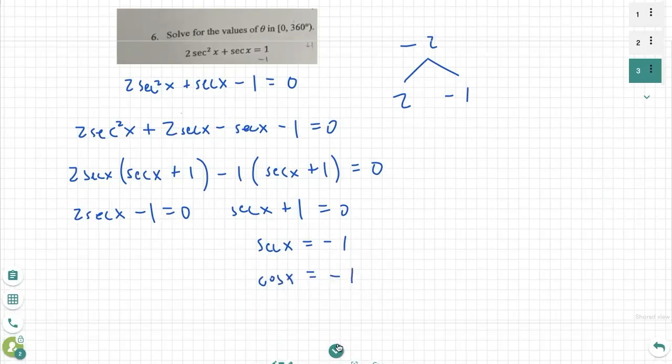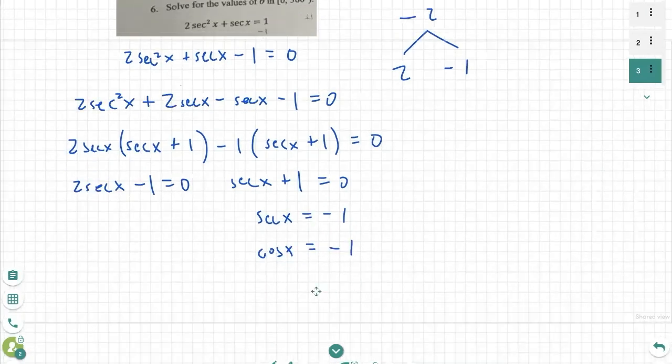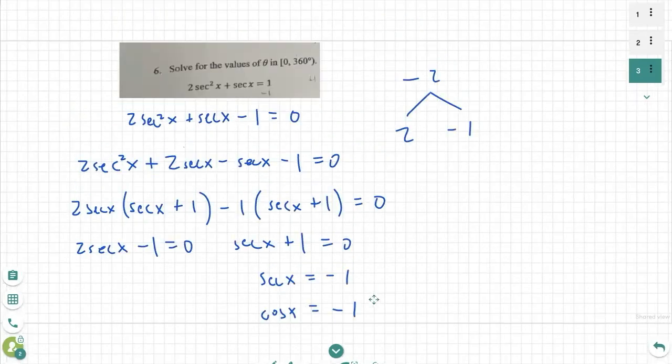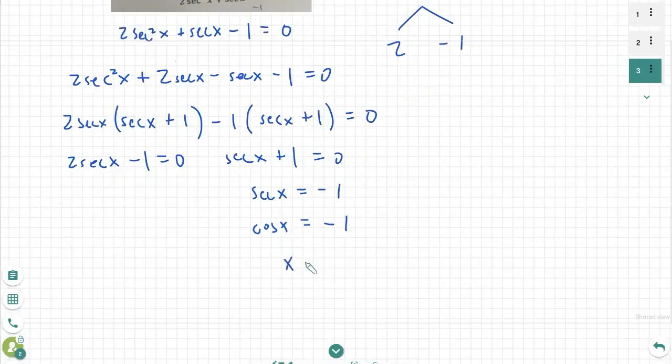And then we have to find where cosine is -1 on the unit circle. What do they want the answer in? Oh, in degrees. Okay.